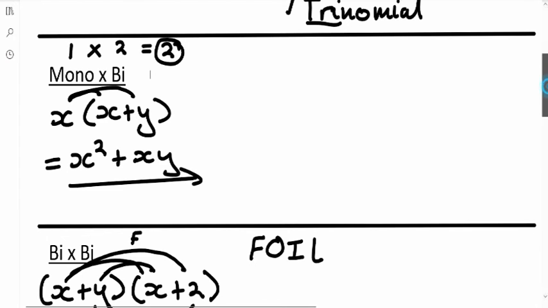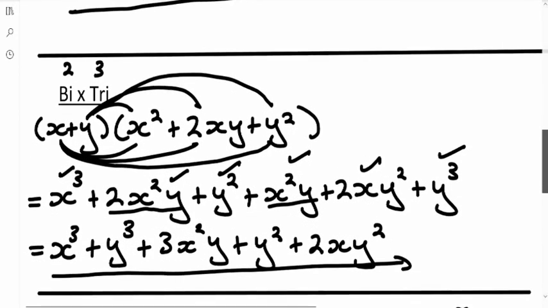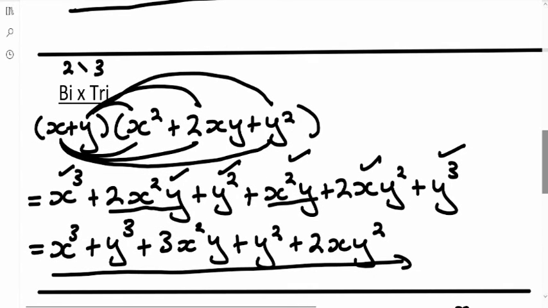If we look at the binomial by the binomial, 2 times 2 is 4. 1, 2, 3, 4. A binomial by a trinomial, well, 2 times 3 is 6. 1, 2, 3, 4, 5, 6. Obviously, when we simplify it, we could end up with any number of expressions, but the base form for this answer will have 6 terms in it.